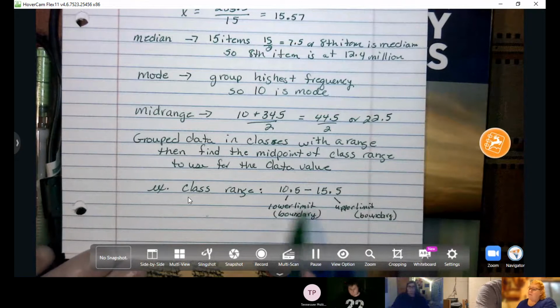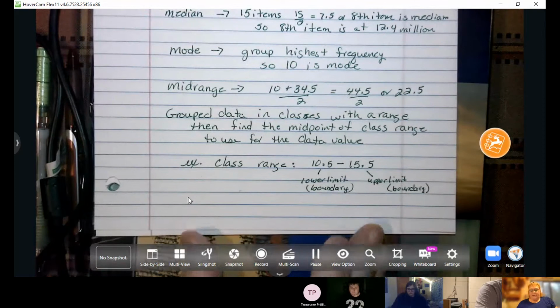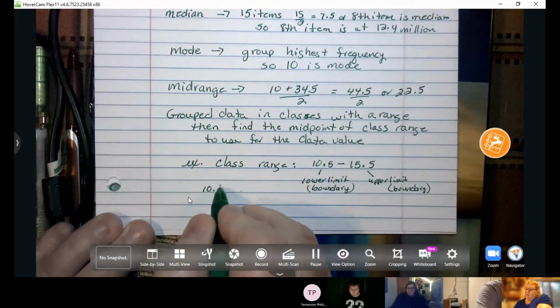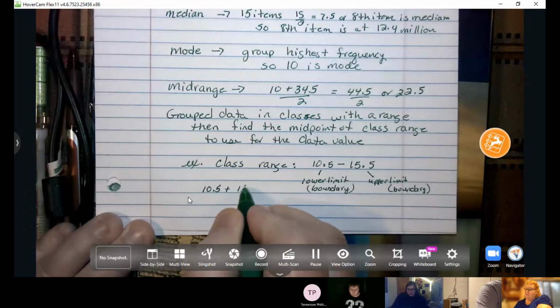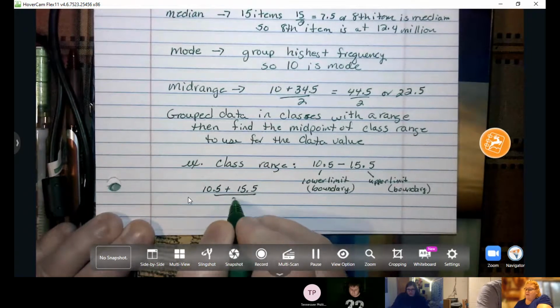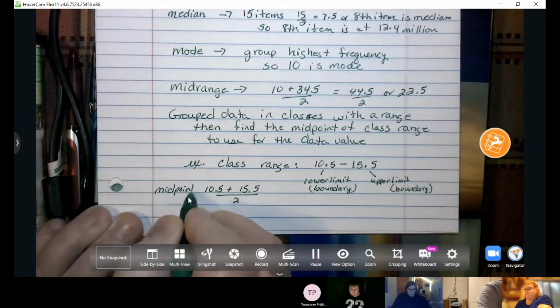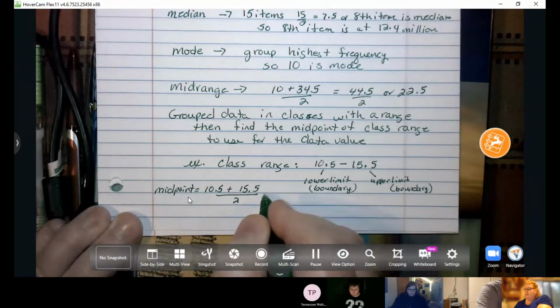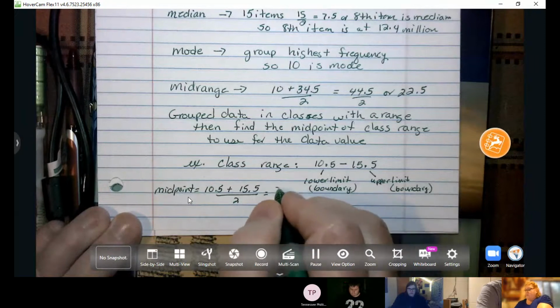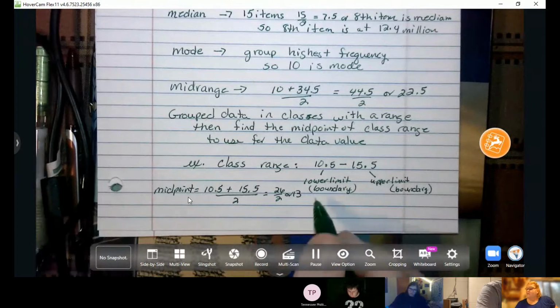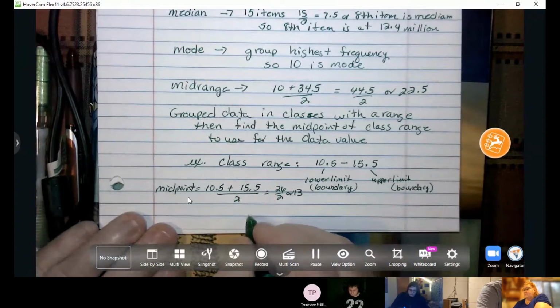And we need to find the midpoint for this range. In order to find that midpoint, it's kind of like finding a mid-range. We're going to do 10.5 plus 15.5 divided by 2. And that's going to give us 26 divided by 2, or 13. So 13 would be the data value that we use.